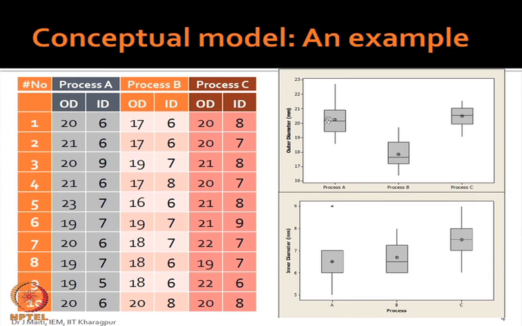So, there are two types of pictures now. From the outer diameter point of view, we have also seen in ANOVA that process B is different from process A and C, but if we add inner diameter, then process C perhaps will differ in terms of its mean inner diameter from A and B. Now, we want to see collectively what is the difference in the mean vector, where this vector is determined by the mean outer diameter as well as the mean inner diameter.